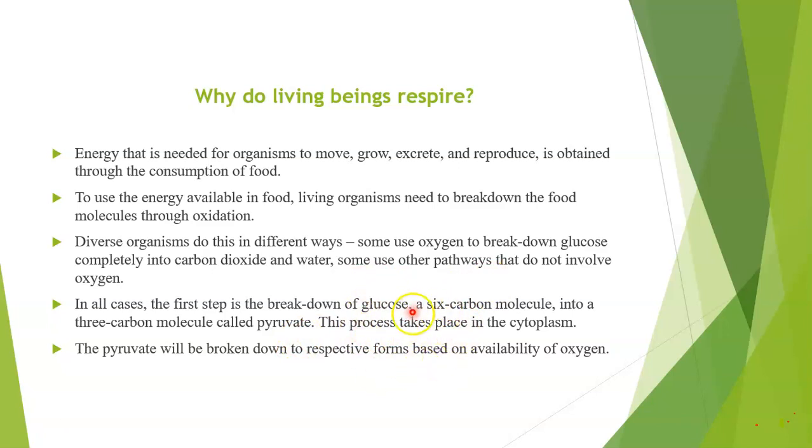From pyruvate, it will either enter the mitochondria or remain in the cytoplasm, depending on whether oxygen is available or not. So whatever product forms from pyruvate depends on the availability of oxygen.